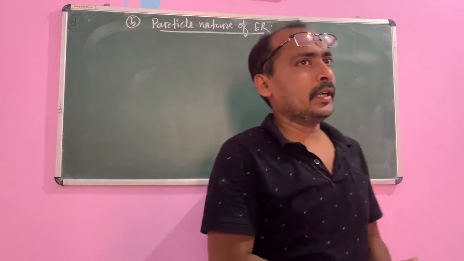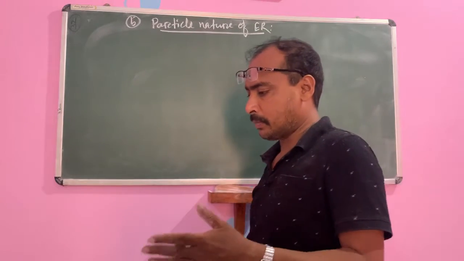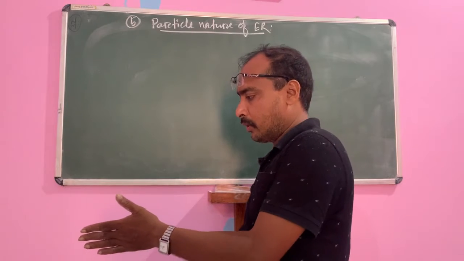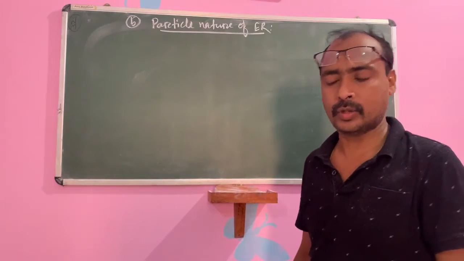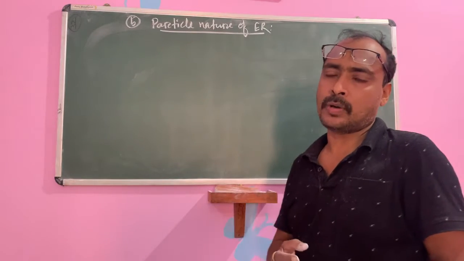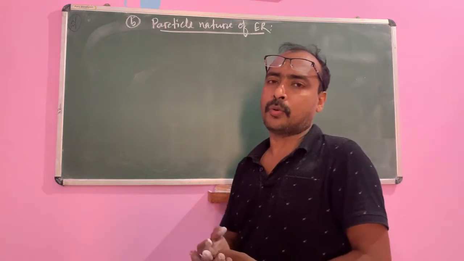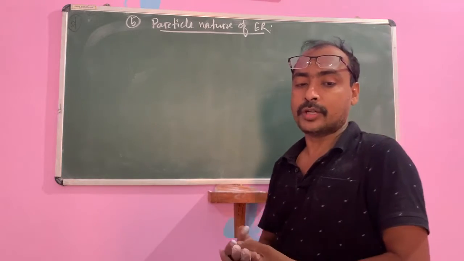Children, particle nature means one particle bombarded with another particle, bombarded with another particle, like this energy is transferring. That is known as particle nature. Again, particle nature has 4 types. The first one is black body radiation, second is photoelectric effect, third is heat capacity, and fourth is line spectra.